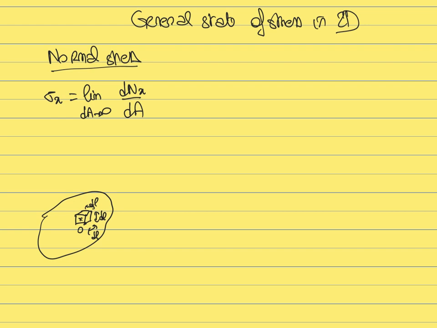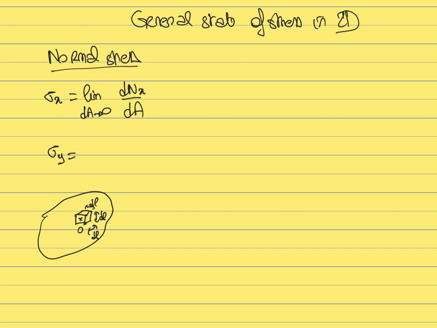And again, this is what the stress is capturing. It's combining the effect of the load divided by the surface over which it is applied, because that surface is also an important geometrical feature that dictates whether this material is going to break or not. Then we can also define the other types of normal stress.